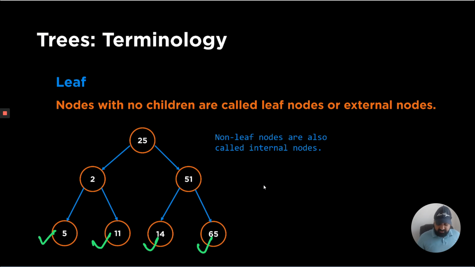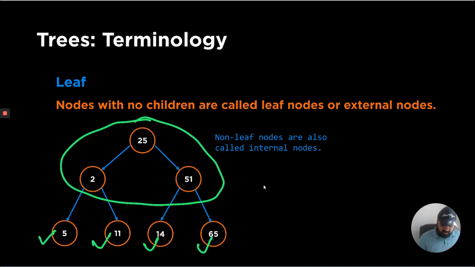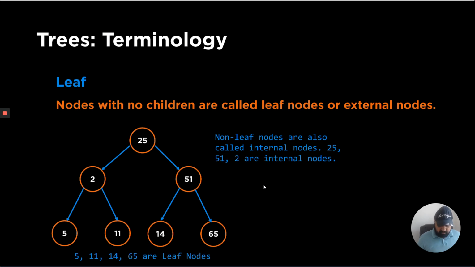Leaves are called external because they are outward, while anything that is a non-leaf is called an internal node. So in this case, 25, 51, and 2 are internal nodes, while these four are the leaf nodes, as we just discussed.